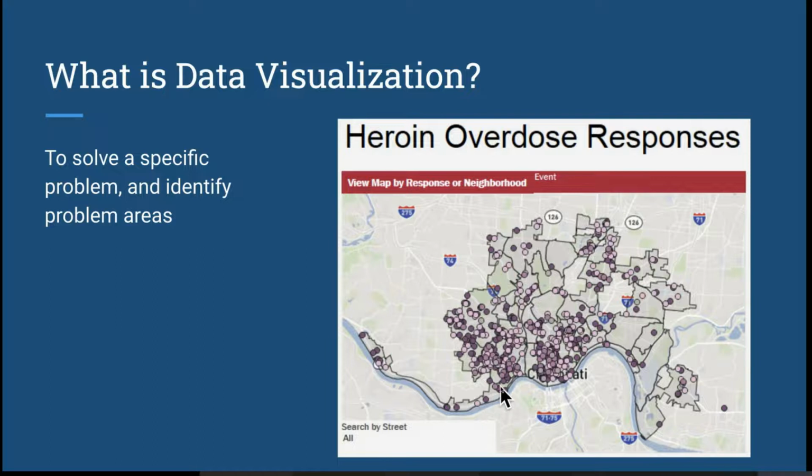So if you are the city planner for Cincinnati, you can look at the distribution of the circles and try to identify the areas or zones where there are more heroin overdoses, and maybe put more healthcare or counseling centers near that region.